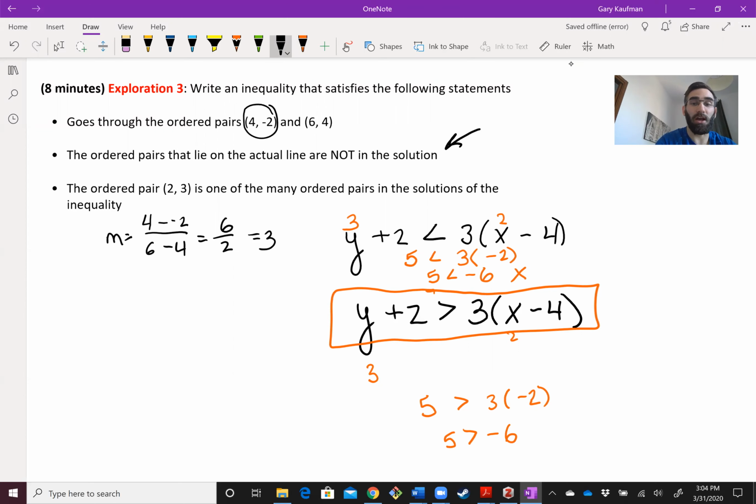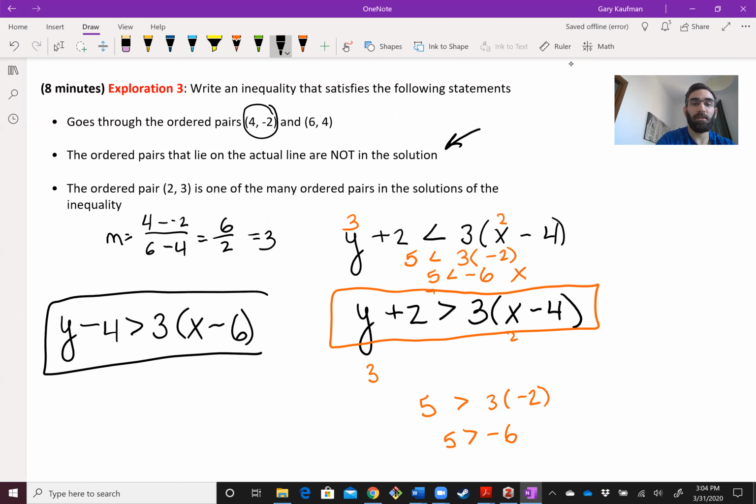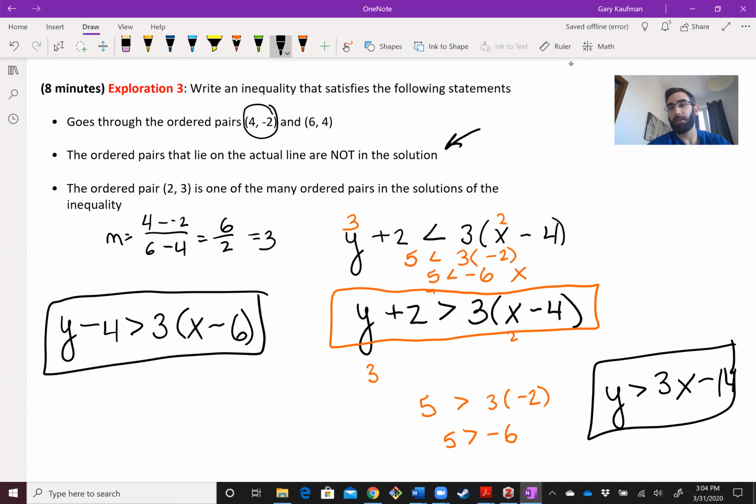You might have used the other ordered pair. That way you would have had y minus 4 is greater than 3x minus 6. That is an inequality that works. As I said, slope-intercept form would have been y is greater than 3x minus 14. That would have worked. So there are different inequalities that would represent the situation that I asked for.